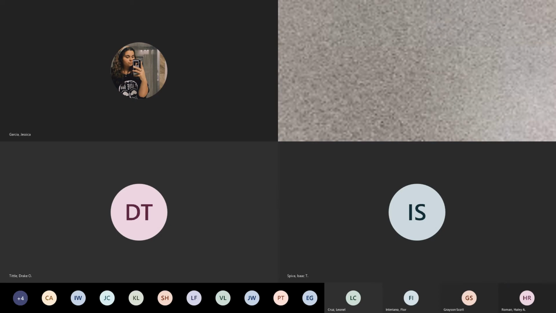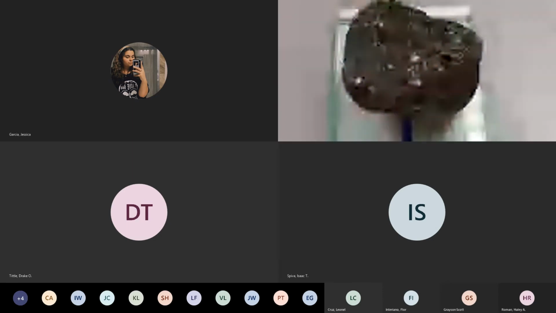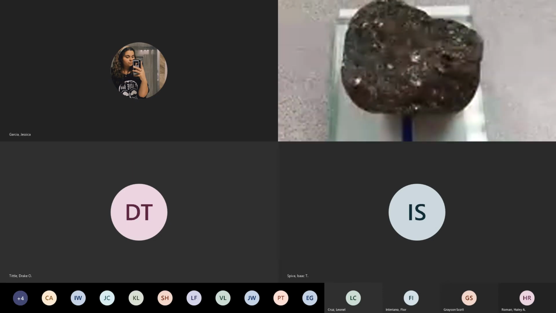But today we're not determining the names. We're just doing sort of a test shakedown. This is the first one of my 3 Teams classes that is actually doing a lab. So we're going to start here with sample number 1, and it's sitting right there.